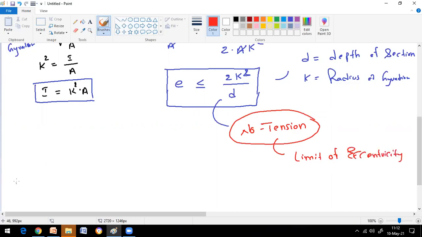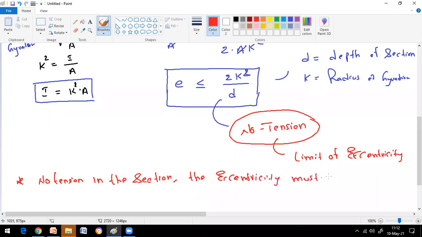Very important, star mark it. No tension in the section: the eccentricity must not exceed 2k square by d, and it should always be less than that under any section.